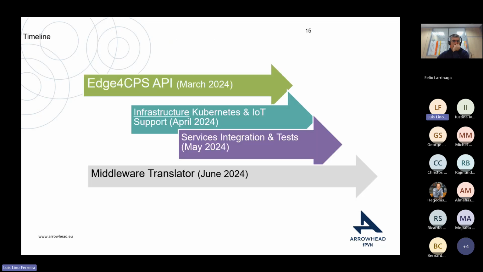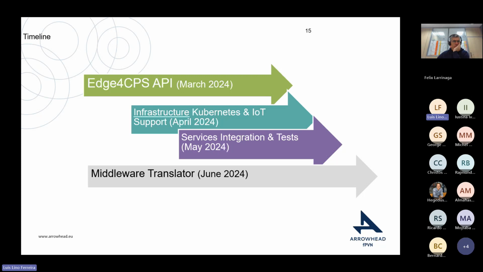This is more or less our timeline for this. We expect to have the API ready by the end of March. But according to the speed that Bernardo is developing these things, I think it will be ready before that.